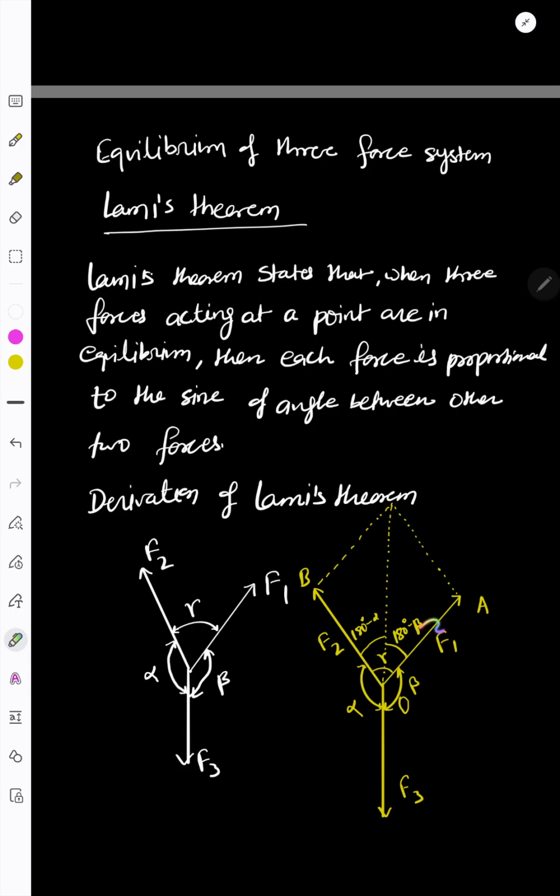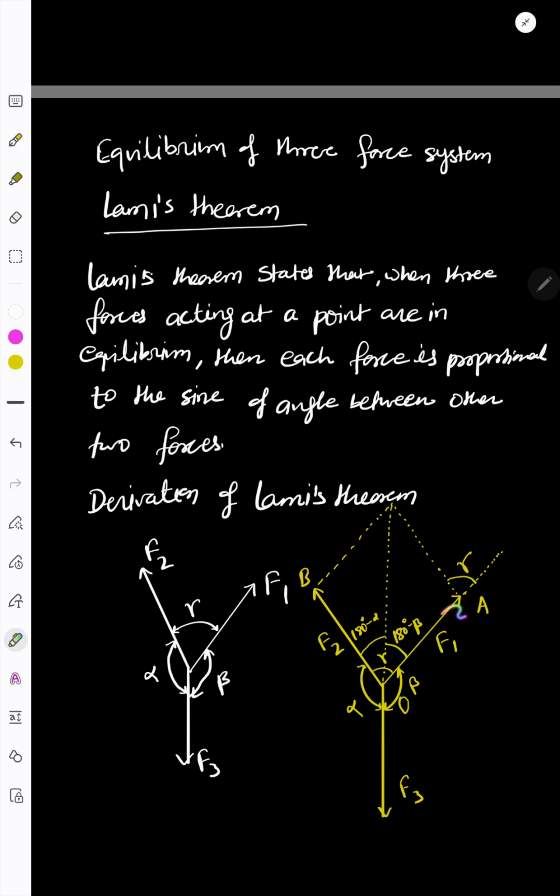And we'll extend the line of force F1. F2 and this line are parallel, so accordingly this angle also will be gamma.